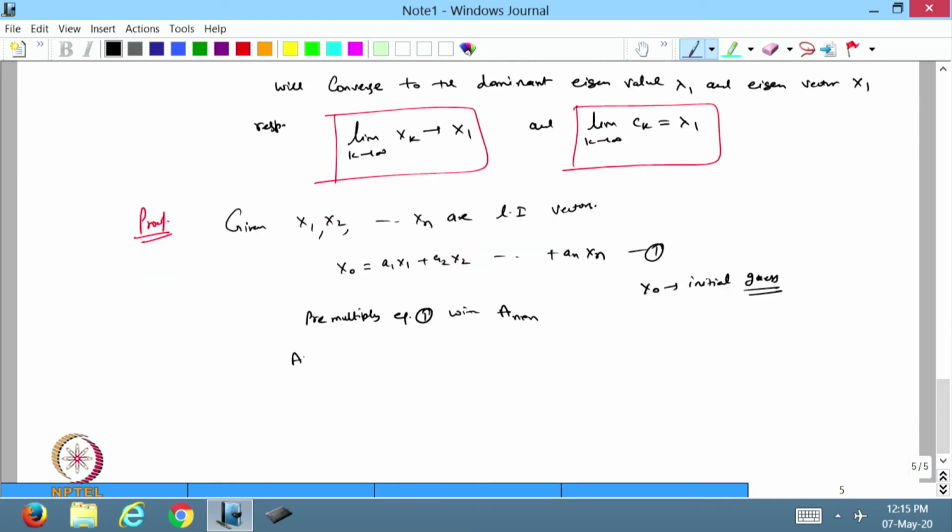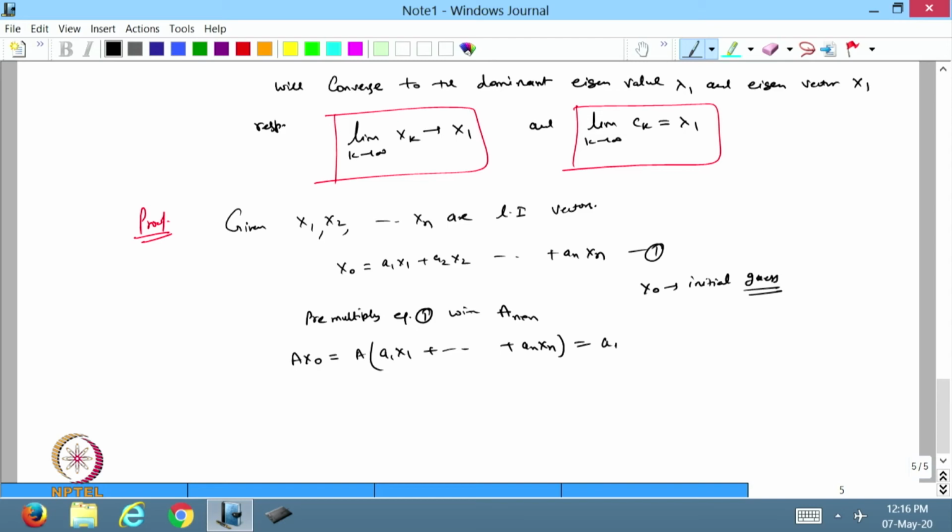So, I can write A x naught as A times (a1 x1 up to an xn). So, this matrix I can take inside, because a1 is a constant.